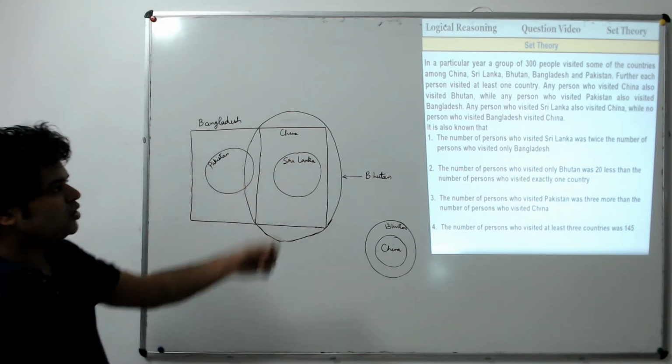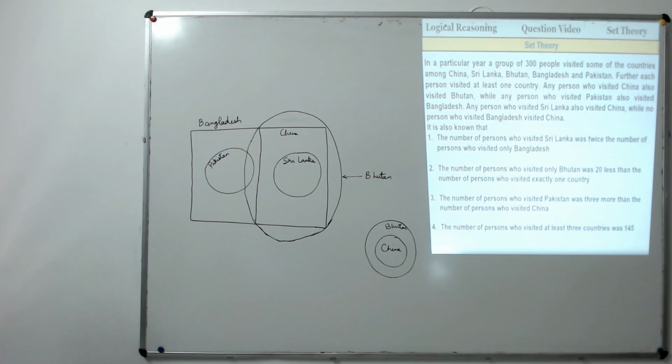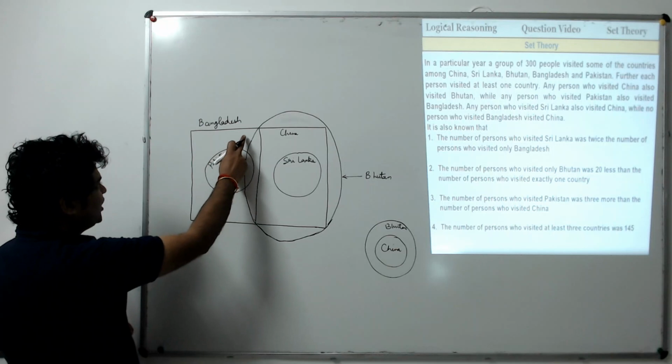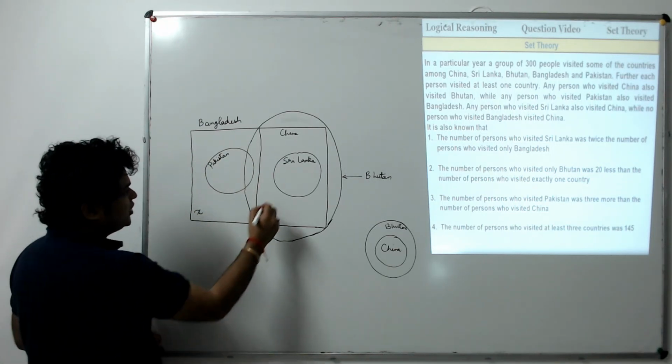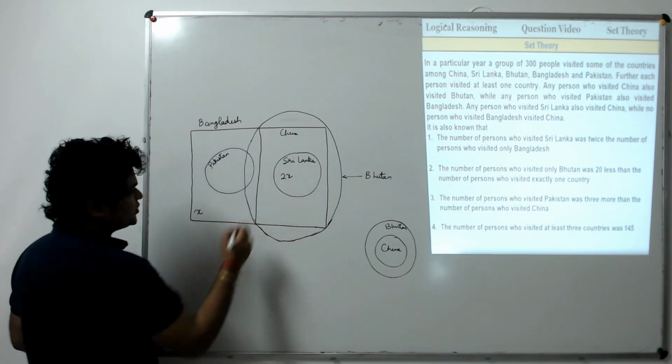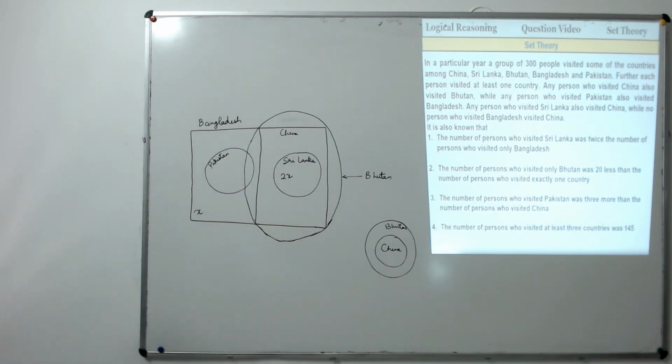Now we can go to the clues and fill in values here. The number of persons who visited Sri Lanka was twice the number of persons who visited only Bangladesh. So only Bangladesh is this region. If there are X people who visited this, then Sri Lanka is 2X. Second point, the number of persons who visited only Bhutan was 20 less than the number of persons who visited exactly one country.